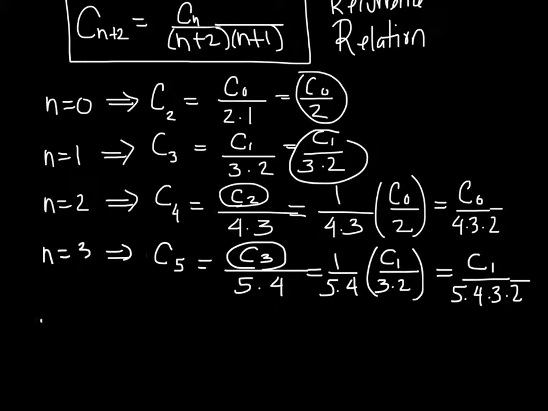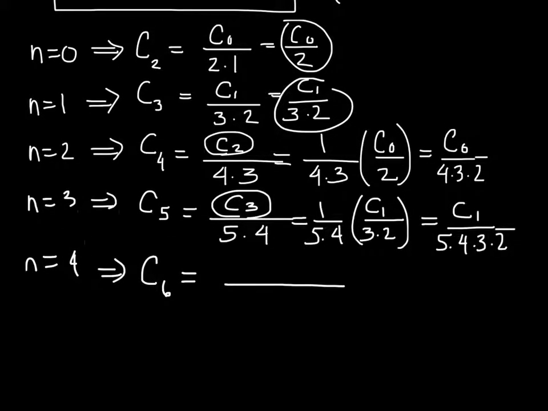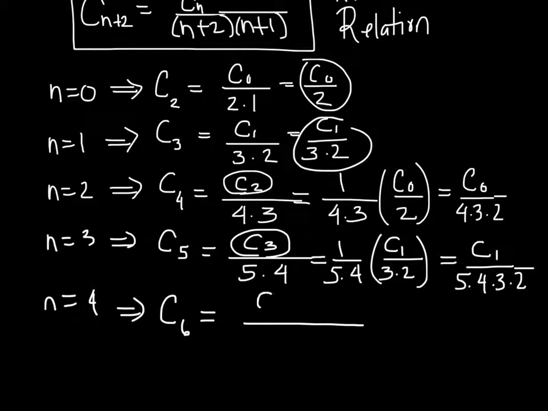Let's do one more. For n equal to 4, this will be the last one. We have C6 equals C4 over (4 plus 2), so that's 6, times (4 plus 1), which is 5.